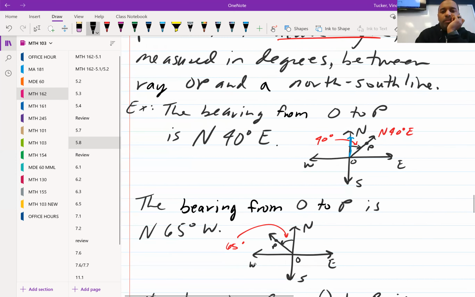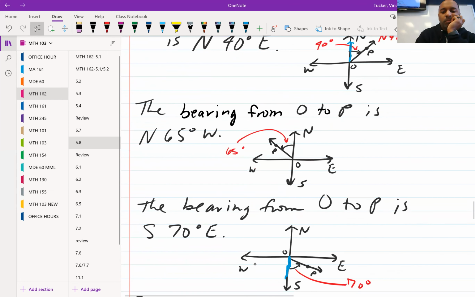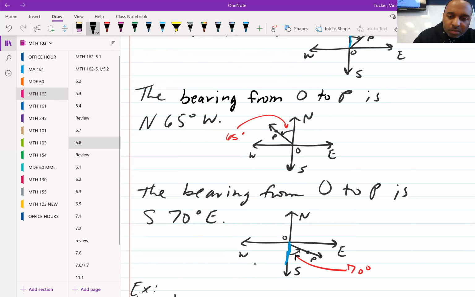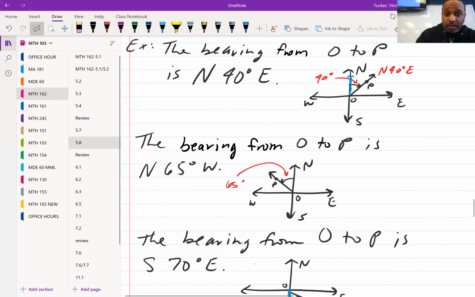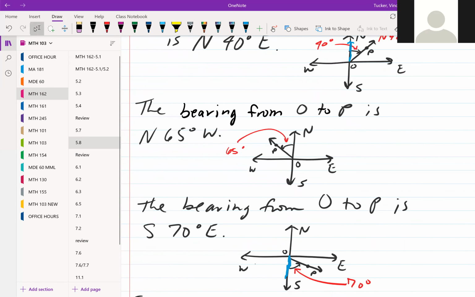All right, can I scroll up? Of course, if I go up too high, let me know. Could you go up to the northwest thing real quick? I didn't finish copying. Okay, I got it now. And then this one, just another example. This one was southeast. So you go down south and then to the right.